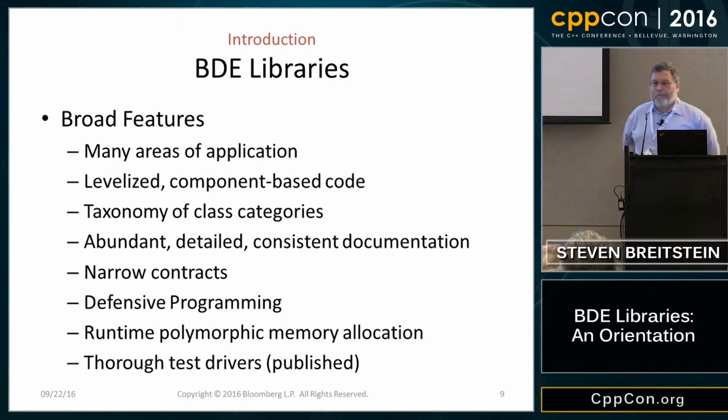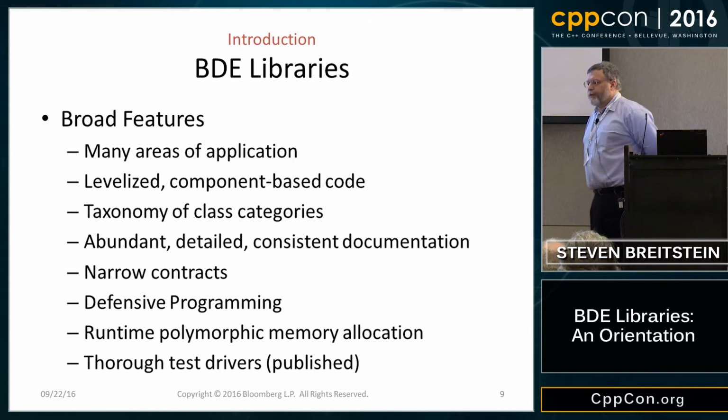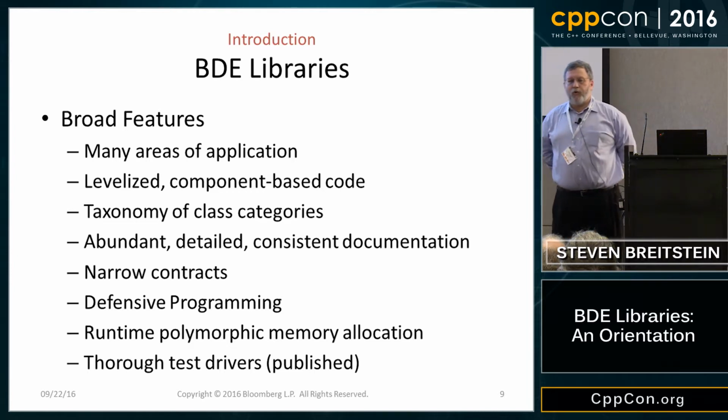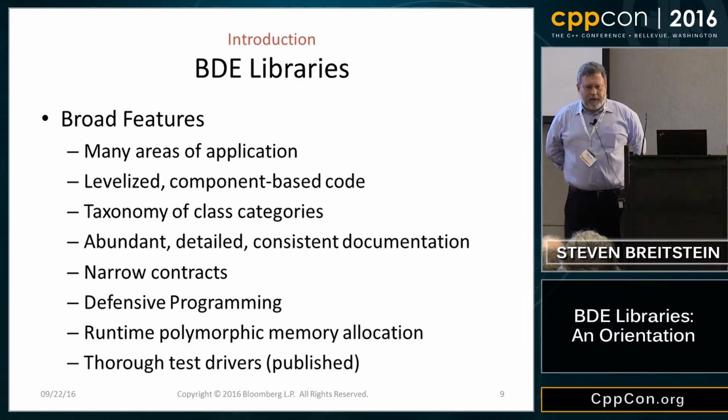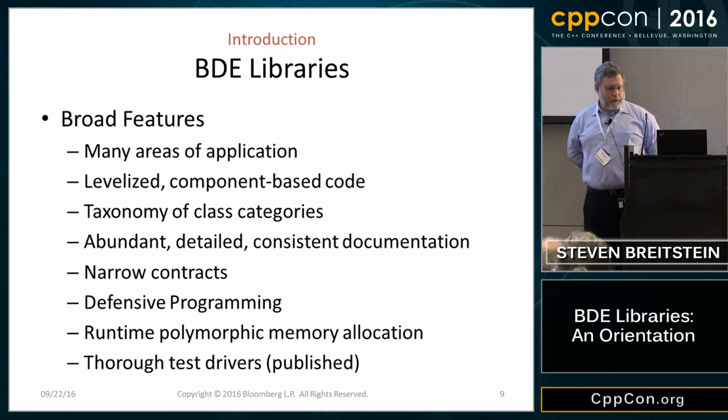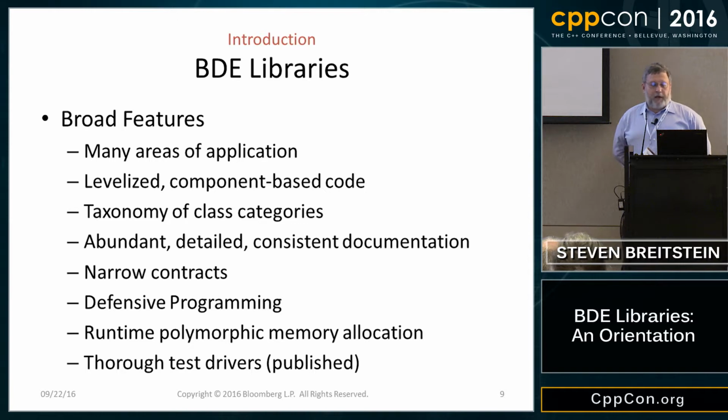They are all component-based. That means they are all levelized. There are no cycles of dependency between these components. Moreover, the classes that are implemented fall into a system of classes, a class taxonomy, which we'll look at more in a moment. They are abundantly, detailed, and consistently documented. They feature narrow contracts.